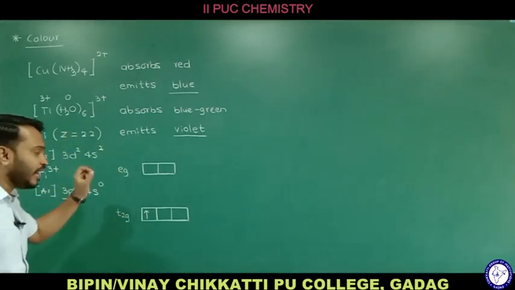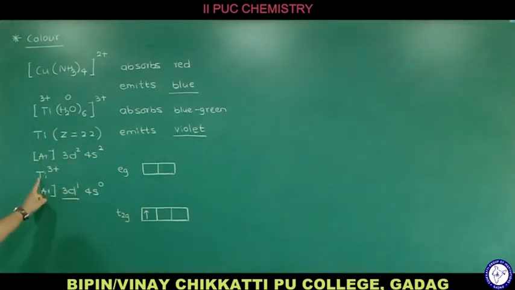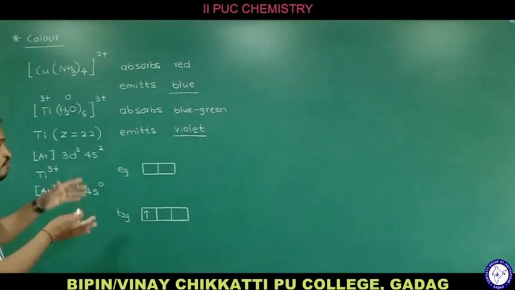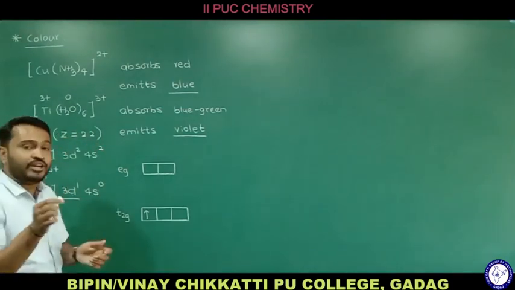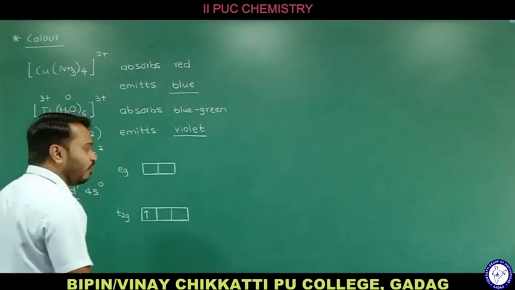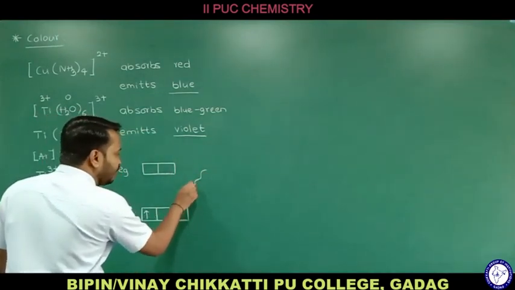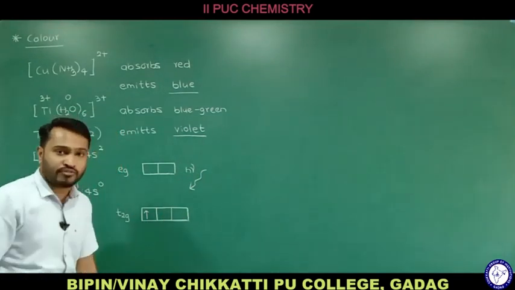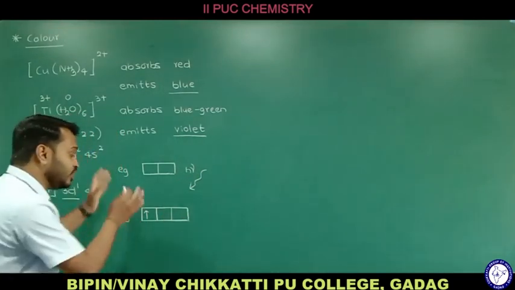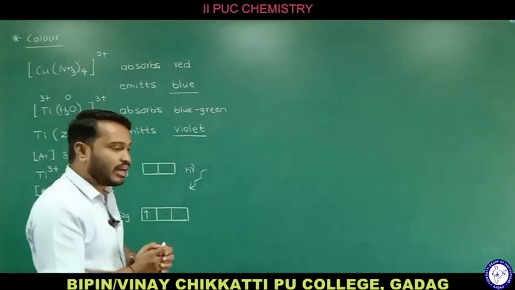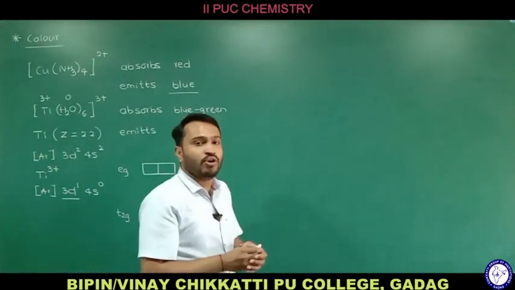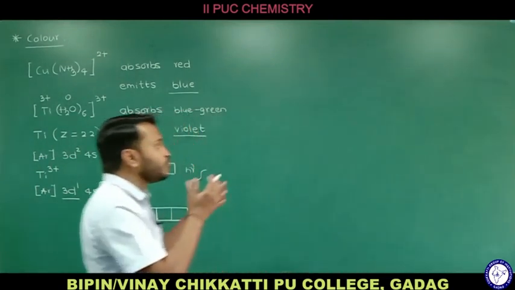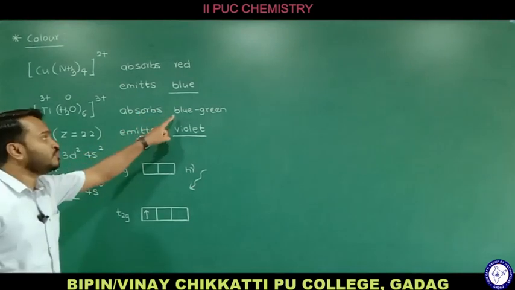And that is how the electrons are filled in case of Ti3+, since the configuration is 3d1. What happens when you consider this particular complex and pass white light of a suitable wavelength? If you pass white light of h nu, where h is Planck's constant and nu is the frequency of radiation, this central metal atom, this 3d atomic orbital, absorbs the wavelength of a suitable light, in particular the wavelength corresponding to blue-green.